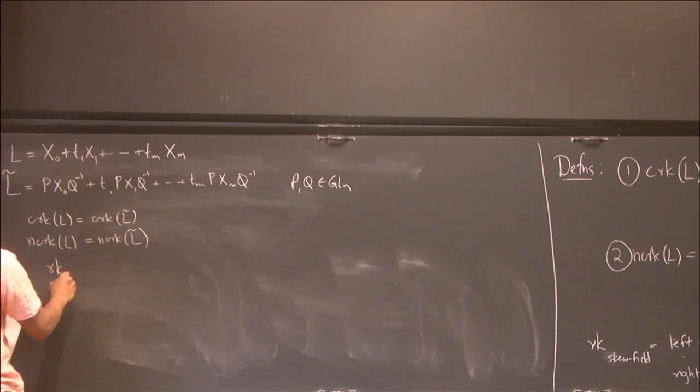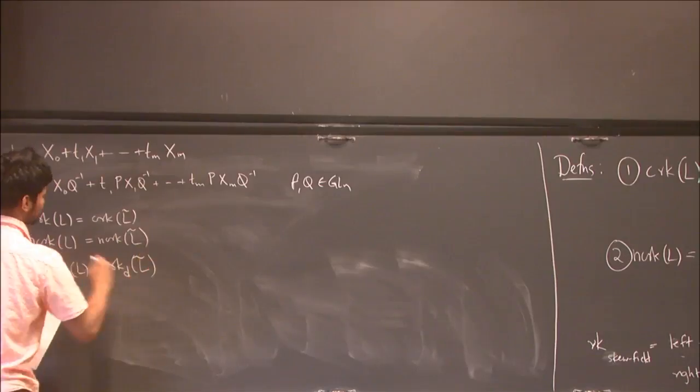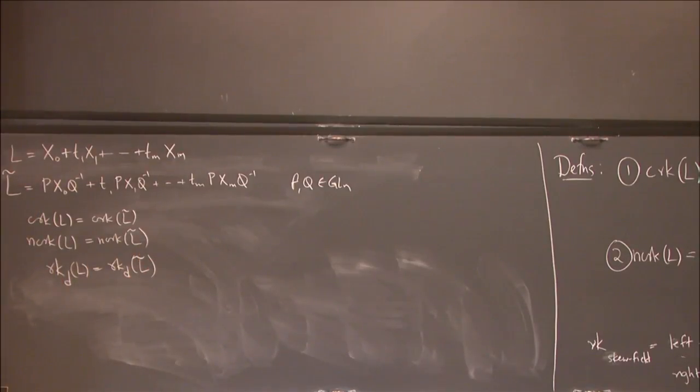But I also claim that even these D ranks that we defined are the same whether you pick L or L tilde. Is this believable? It's believable, right? Because nowhere did I bother too much with the basis. If you plugged in A1 to Am here, you can plug in the same A1 to Am here and the rank won't change. It will just be a basis change matrix.